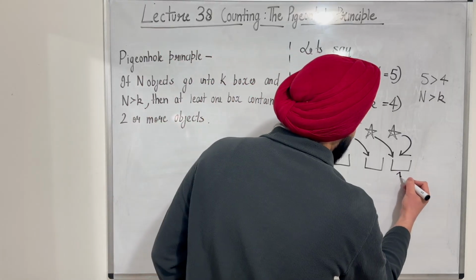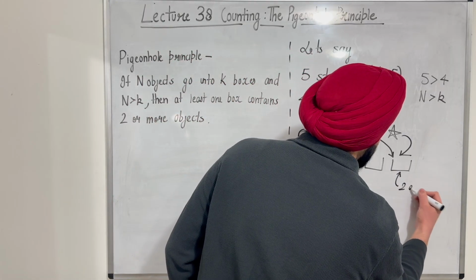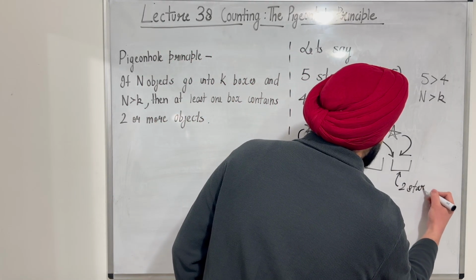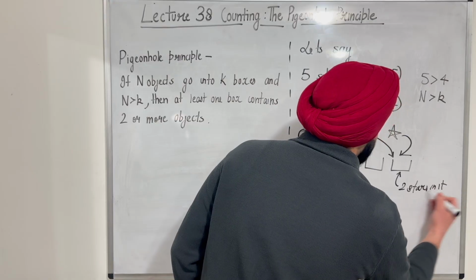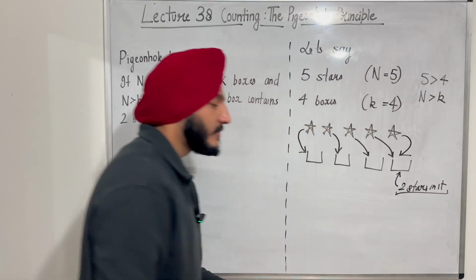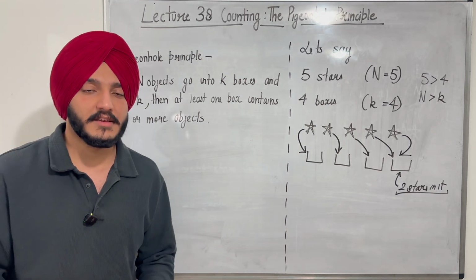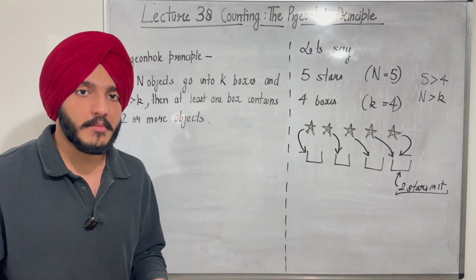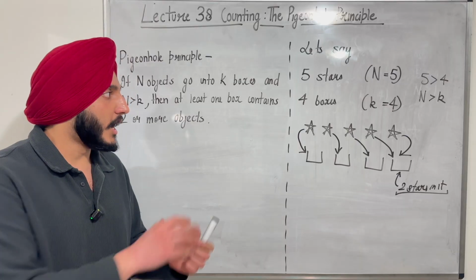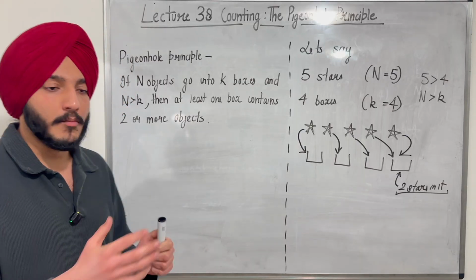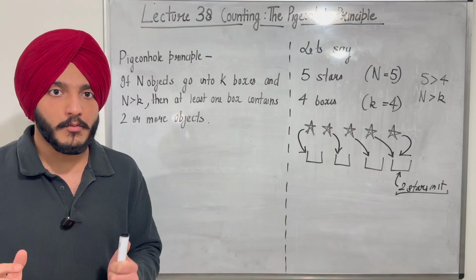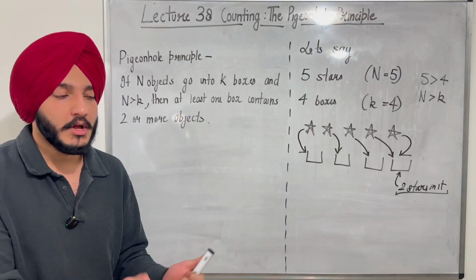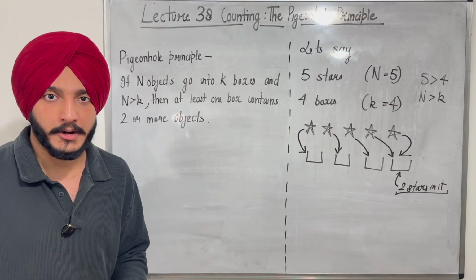So this one has 2 stars in it. Right? This is a very logical principle, right? I hope this makes sense with an example. We'll take a look at more interesting problems towards the end of the video, but I hope this pretty much makes sense, right? It's nothing more than that. You have more objects and fewer spots, so one of those spots will have to be shared.